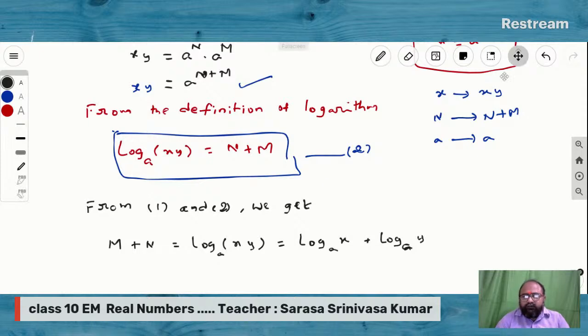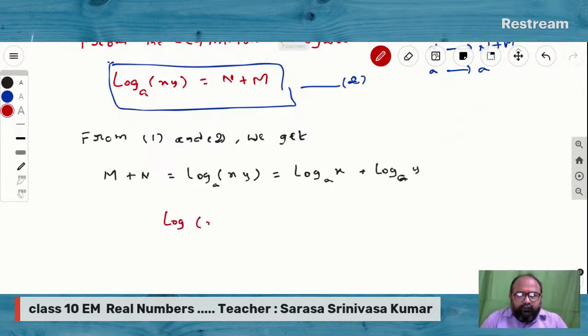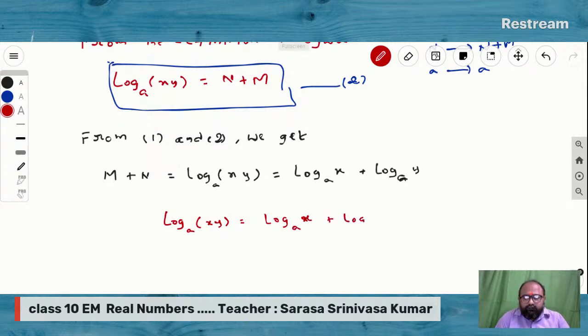So we can conclude that log of xy base a equal to log x base a plus log y base a.